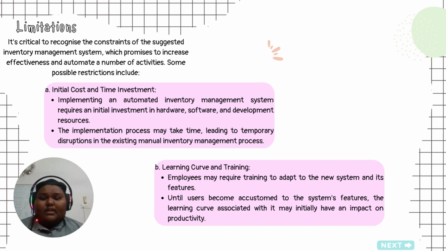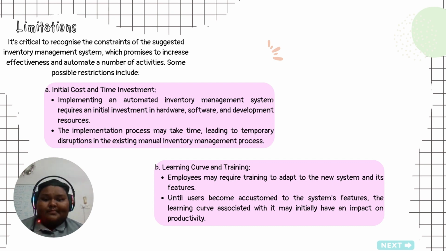Next, B. Learning curve and training. Employees may be required to adapt to the new system and its features. Until users become accustomed to the system features, the learning curve associated with it may initially have an impact on productivity.